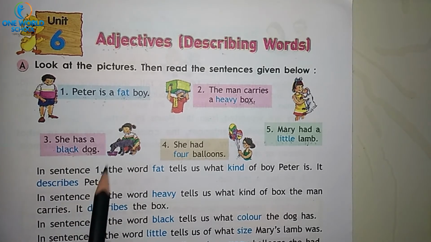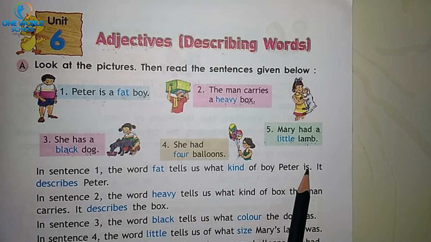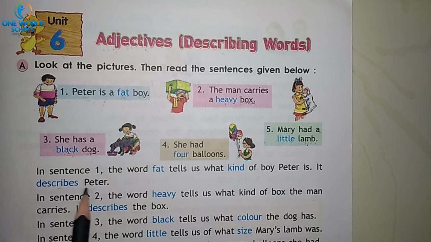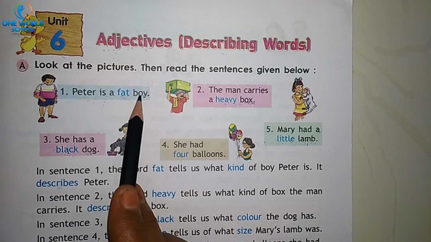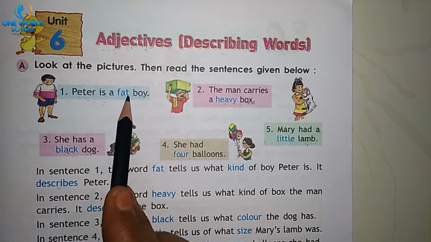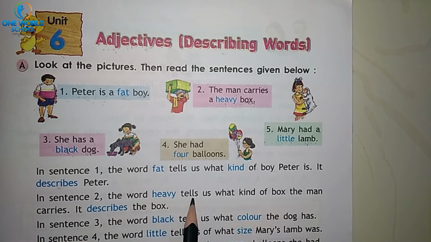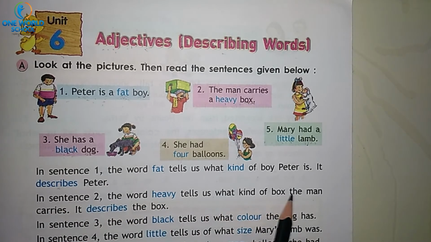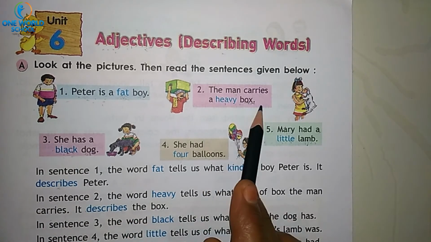In sentence 1, the word fat tells us what kind of boy Peter is. It describes Peter. Okay? So fat describes the boy whose name is Peter. In sentence 2, the word heavy tells us what kind of box the man carries. It describes the box.